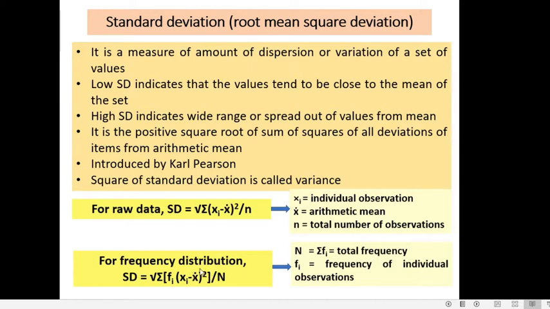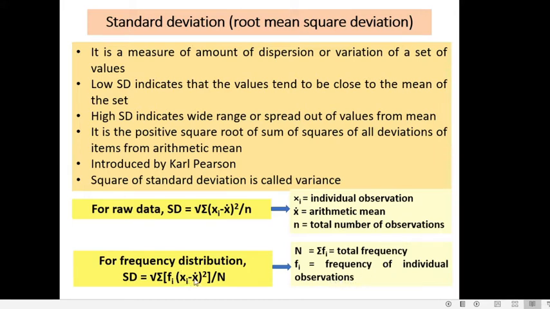Whereas, if you have data in grouped form, that is a frequency distribution, then the standard deviation is calculated as the square root of sigma fi into (xi minus x dash) the whole square by n, where sigma fi, or n, is the total frequency obtained, and fi indicates the frequency of individual observations.